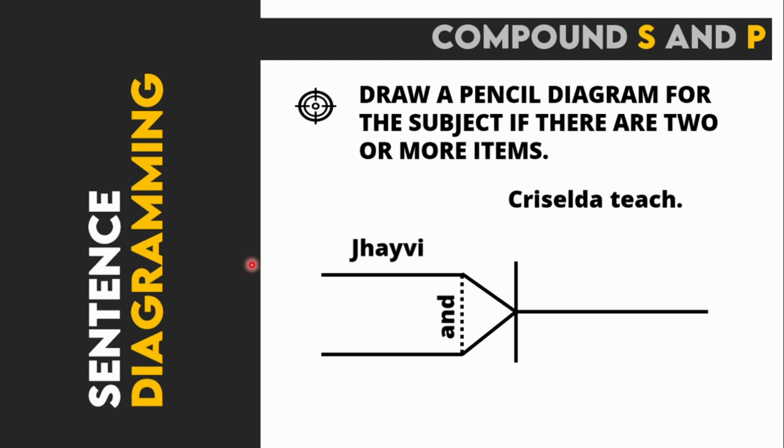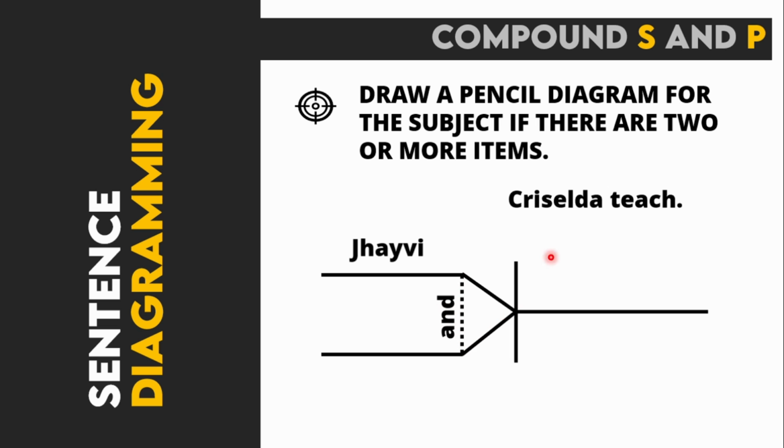Let's say the word both is not yet there. So why do we put the word and outside the triangle? If there's the word both, we put both here, and then we put and inside. So it's as if we're following how you write from left to right. Since there's nothing written on the left side, we put the word and on the left side still, before the dotted line.